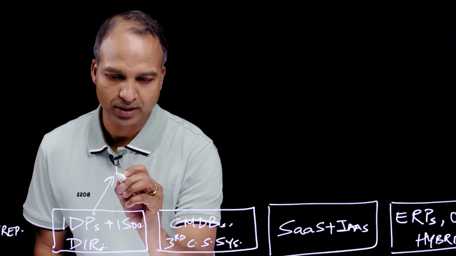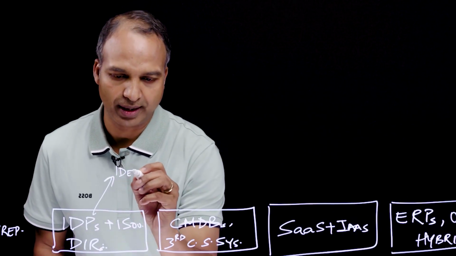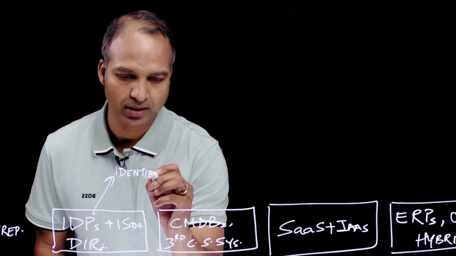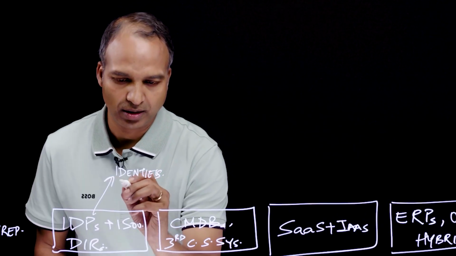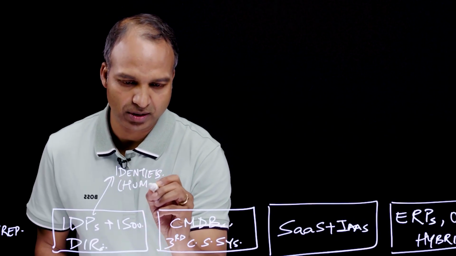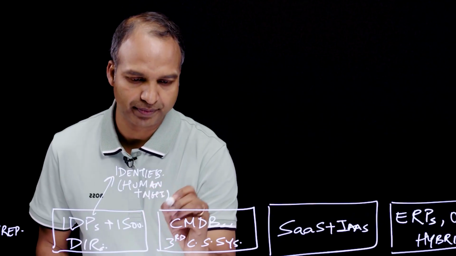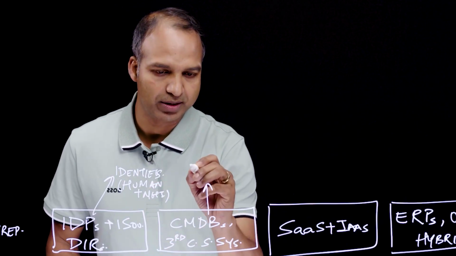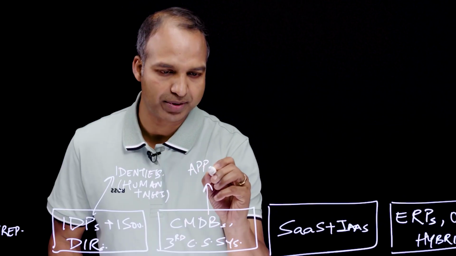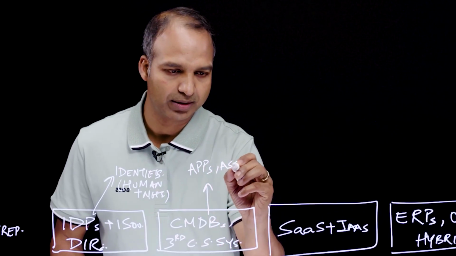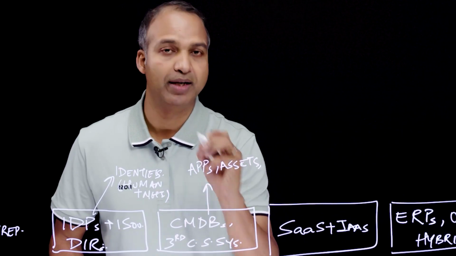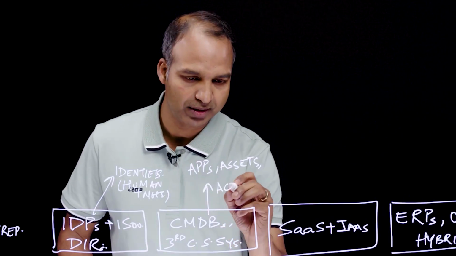From IDPs, you are getting all the different identities, which includes human and non-human identities. From CMDBs, you're getting information about your apps, your assets, and in some cases, even activity.